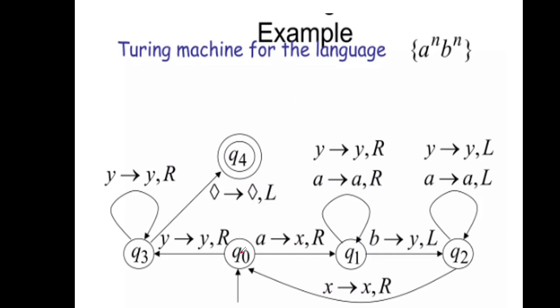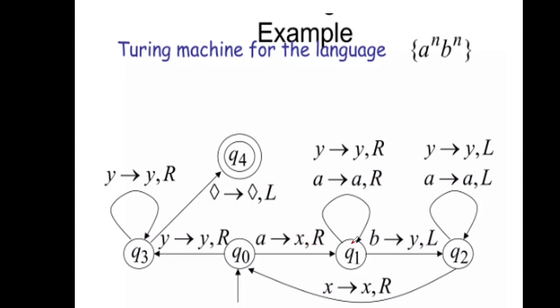Q naught is the initial state. It reads A, and after the transition it becomes X and moves right.